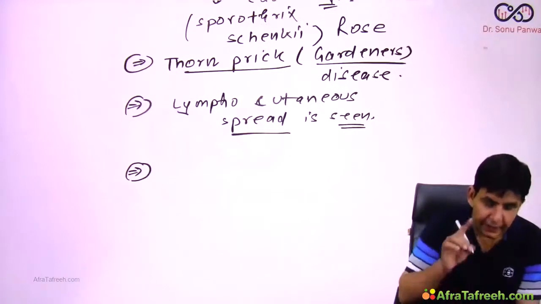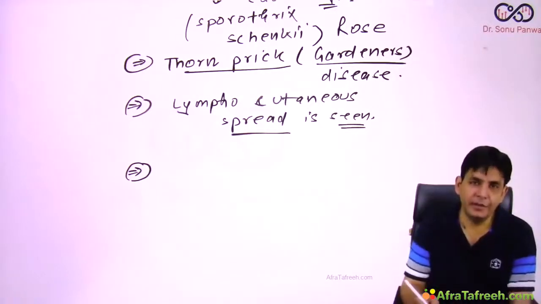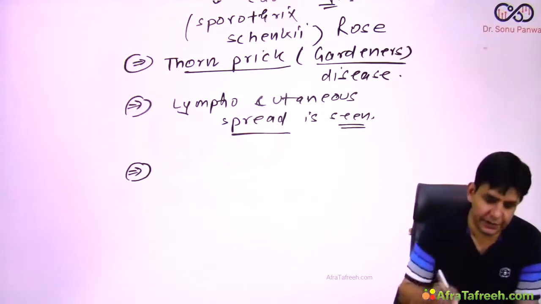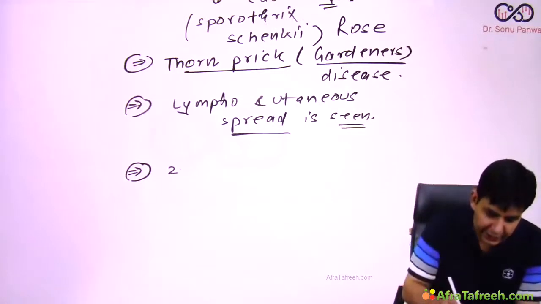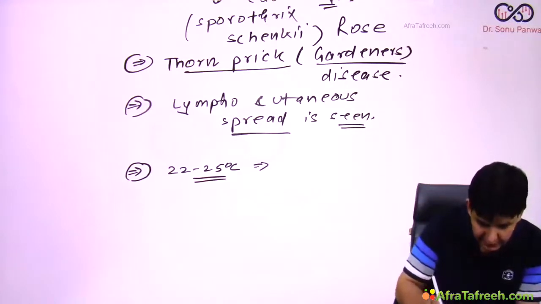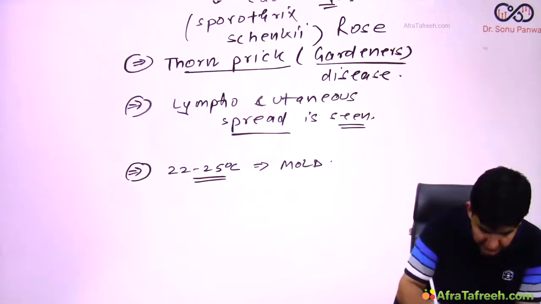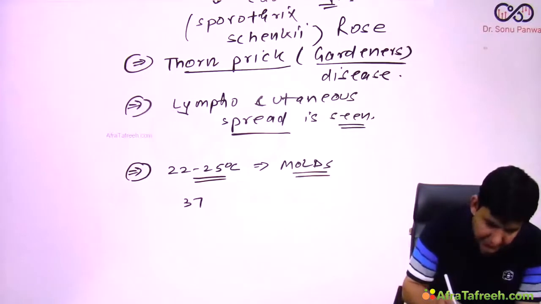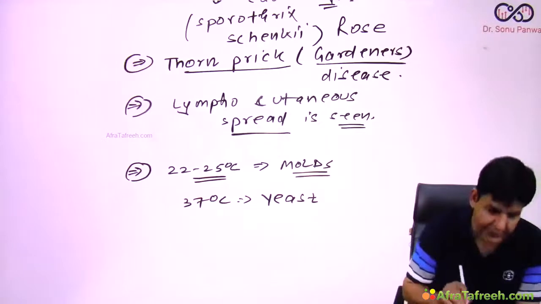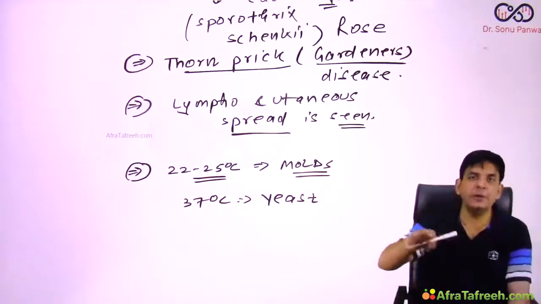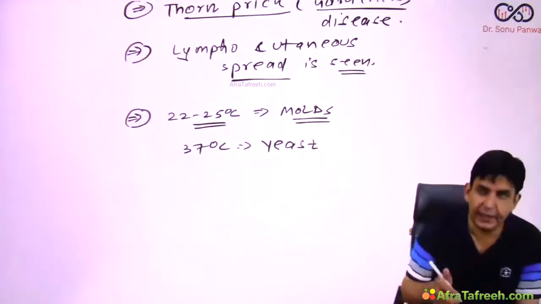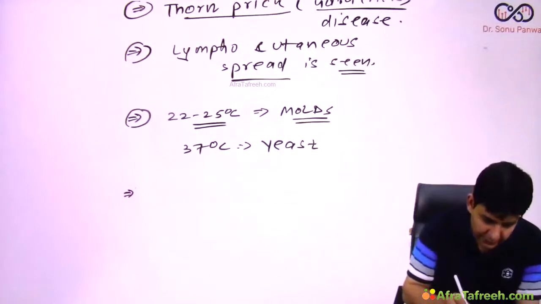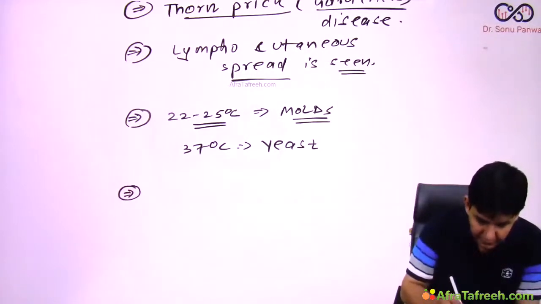Then remember that this is a dimorphic fungus, and what is the feature of dimorphic fungus? At 22 to 25 degrees centigrade, they exist as molds, and at 37 they exist as yeast. I've told you, mold at 22 to 25, and at 37 they exist as yeast. So what is the mold form like?